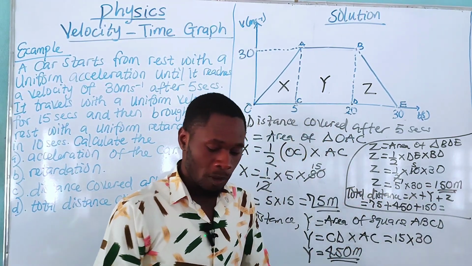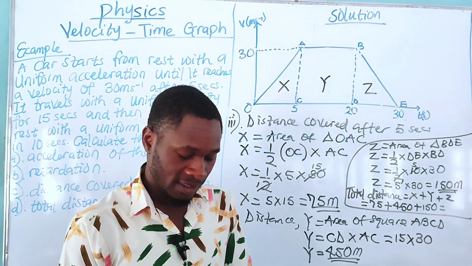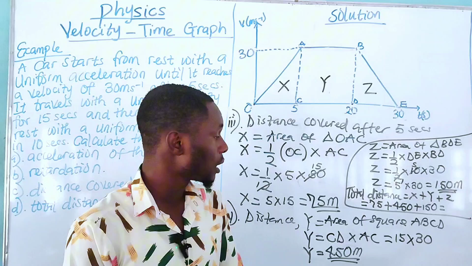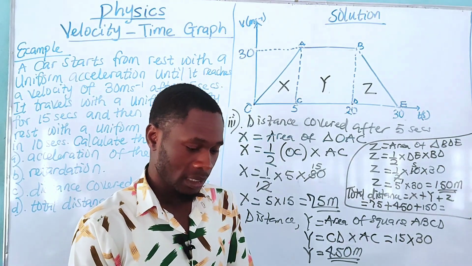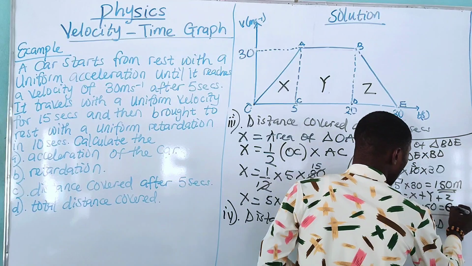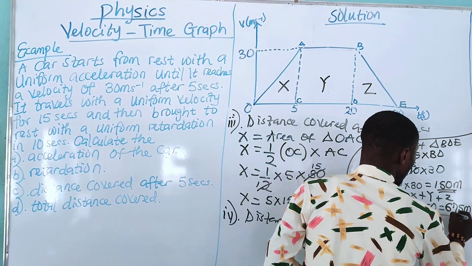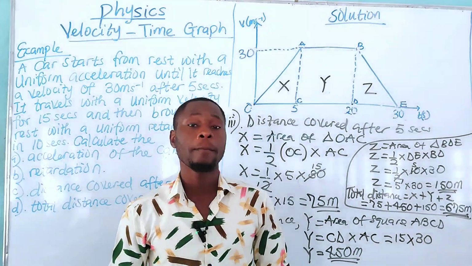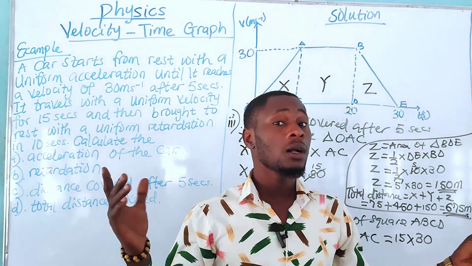We add them up: 75 plus 450 plus 150 gives us 675 meters. So this gives us the total distance covered by the body.